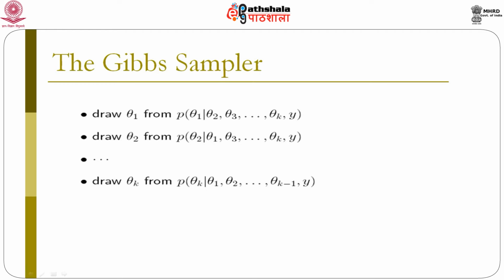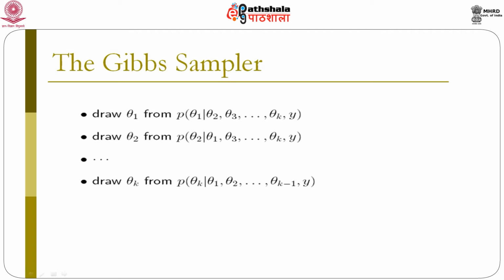The Gibbs sampler looks at the full conditional densities. Suppose theta 1, theta 2, up to theta k are the parameters. Given the data, you draw theta 1 from theta 1 given theta 2, theta 3, up to theta k and y; theta 2 from theta 2 given theta 1, theta 3, up to theta k and y; and so on, up to theta k from theta k given theta 1, theta 2, up to theta k minus 1 and y.